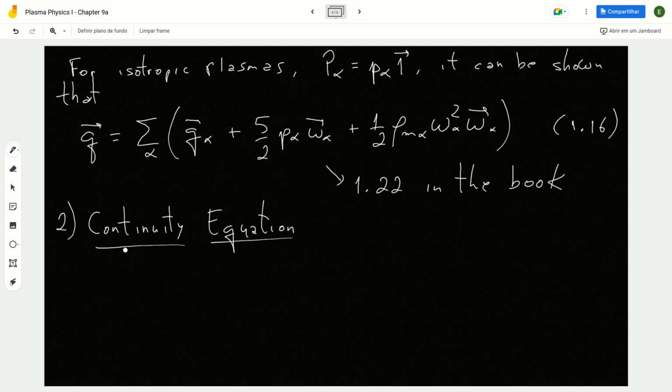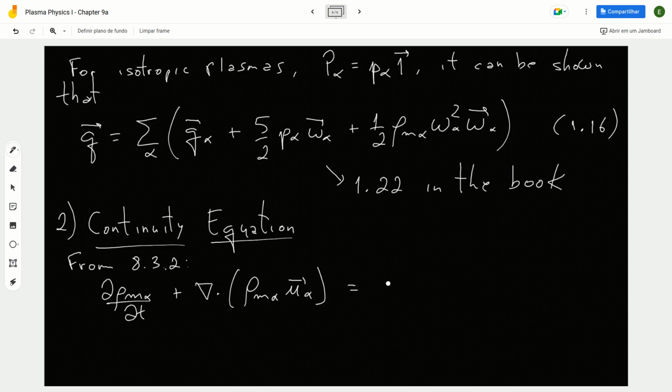From chapter 8, equation 3.2, 8.3.2, you have this equation, which is the continuity equation for each species. And you have a collisional term at the right. So this collision.